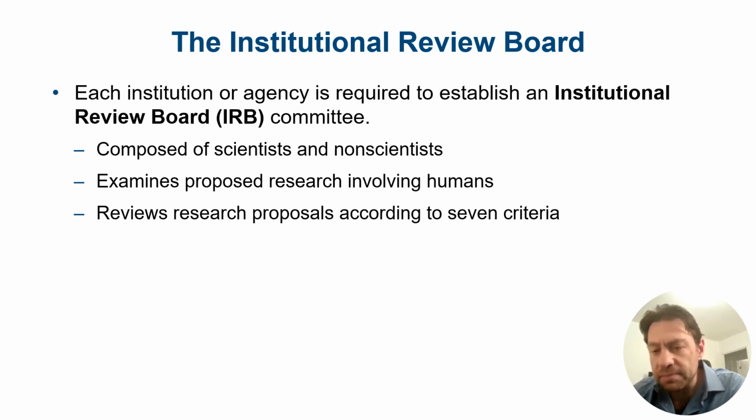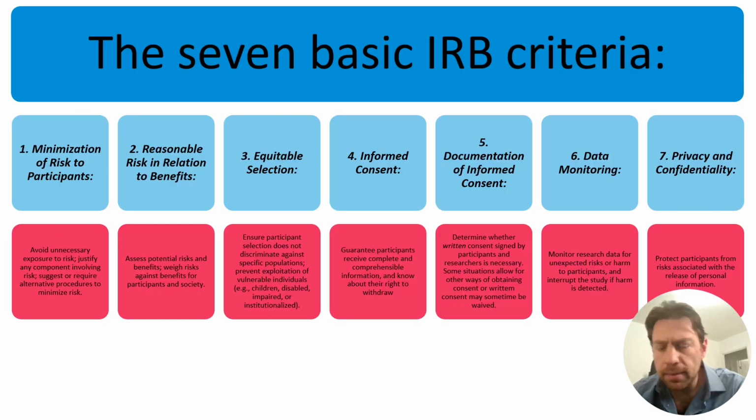Now, the IRB has a number of criteria by which each proposal gets evaluated. And if the proposal fails to meet one of those criteria, then your proposal will be rejected and you will not be able to conduct that study. All right, so here are the 7 criteria that the IRB uses to evaluate research proposals that involve the use of human participants.